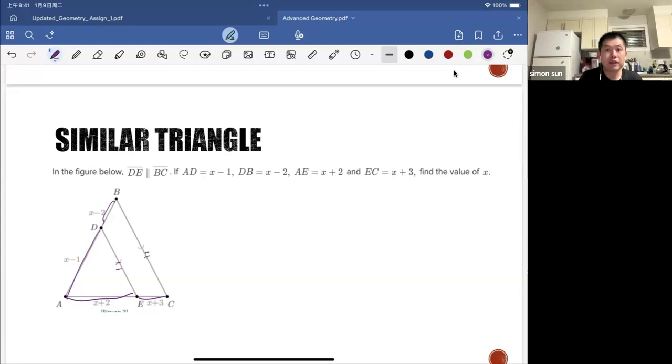Okay, this one will be a little bit hard, but forming the equation is not hard.